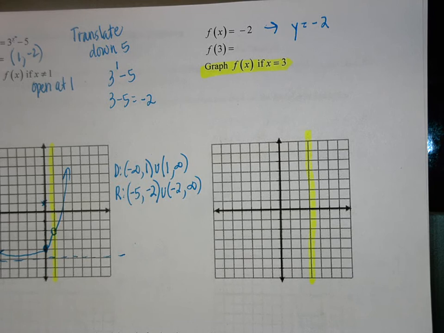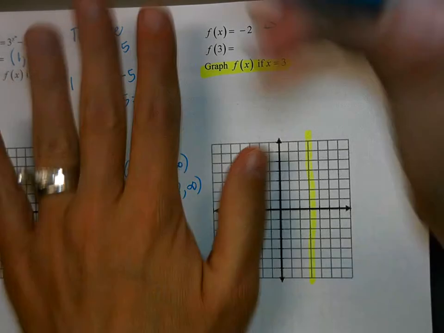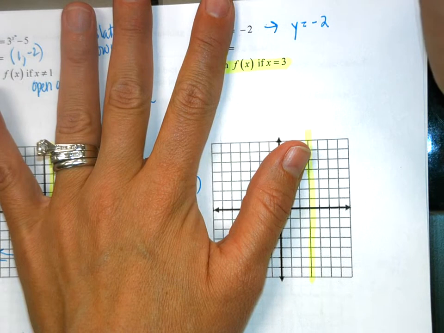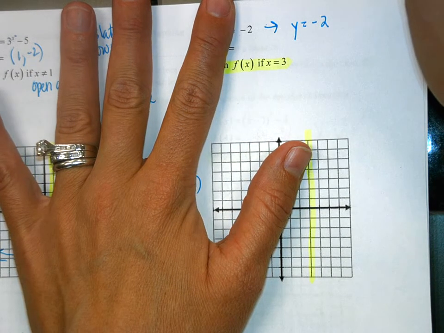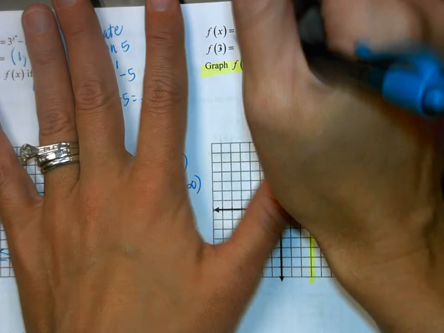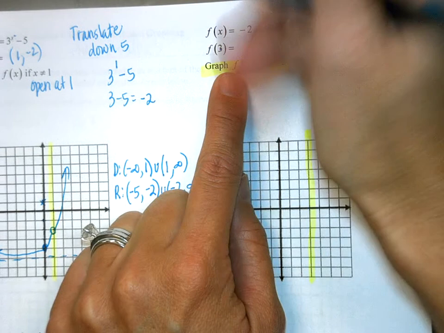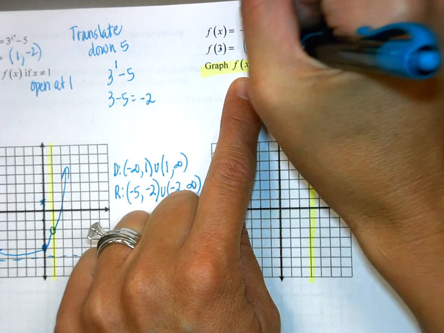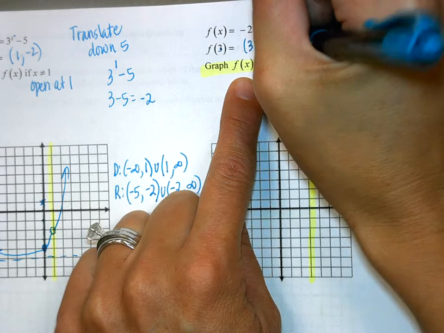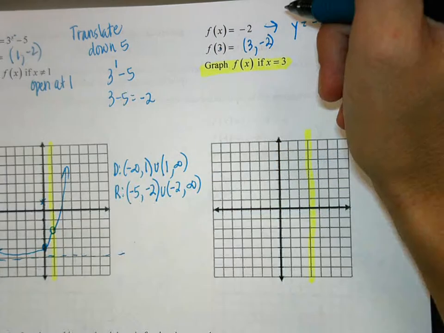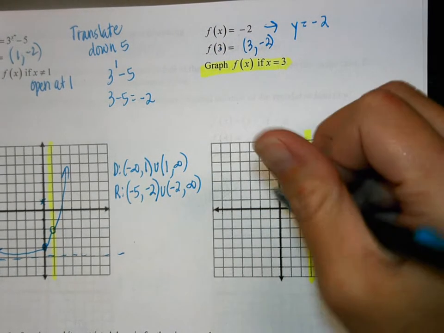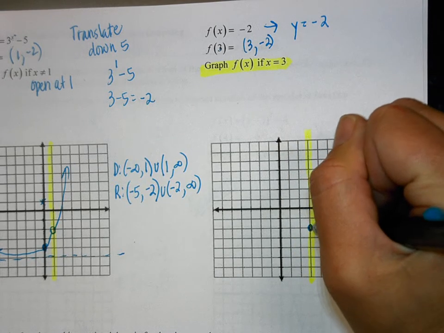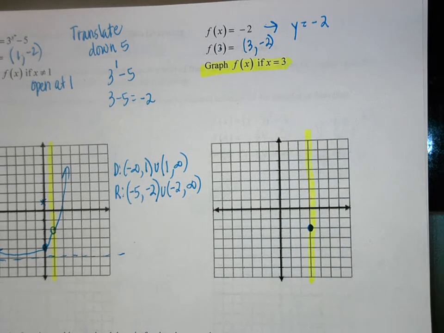So if you plug 3 into this equation, is there an x anywhere to plug a 3 in? No. And so that means that this point is at 3, -2. So 3, -2, it can only equal that point, and that is it.